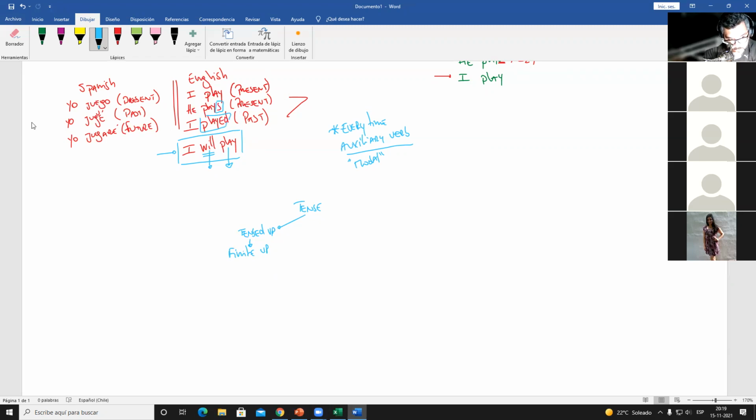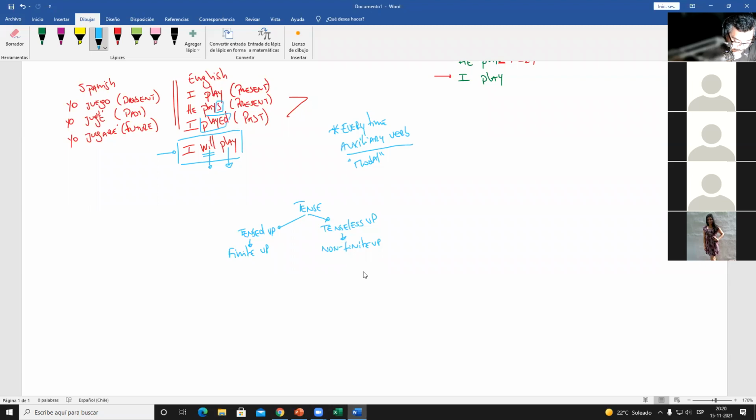On the other hand, you can have verb phrases with no reference to time, and they are called tenseless verb phrases, and we're going to call them non-finite verb phrases.